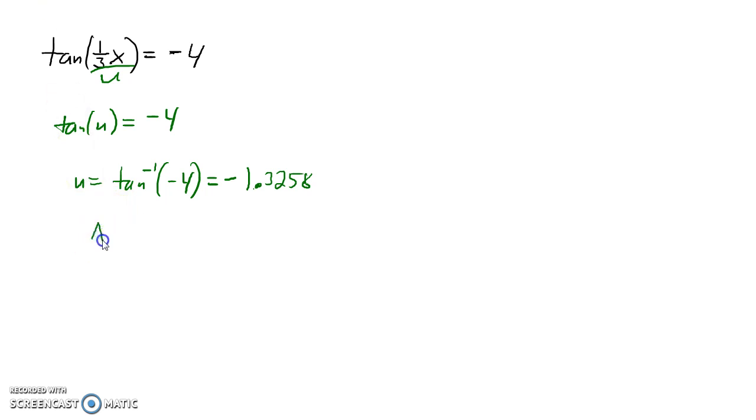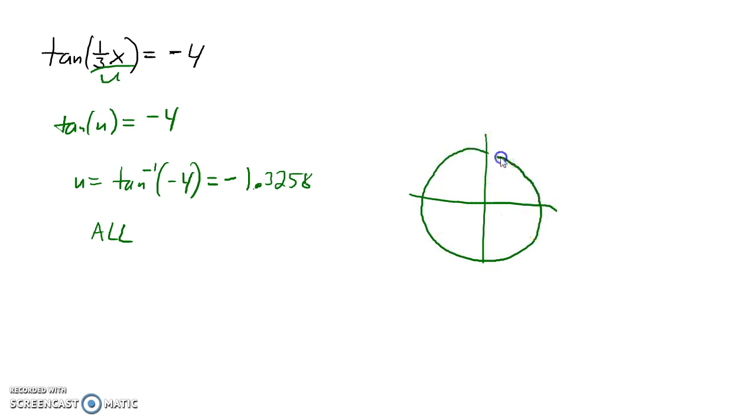So now let's talk about all solutions. Now, tangent's a little bit different than sine and cosine, because if we have an angle here, let's say -1.3258, then another angle that has the same tangent is the angle that has the same slope as this, and that is this angle here, which you'll notice is different by pi.